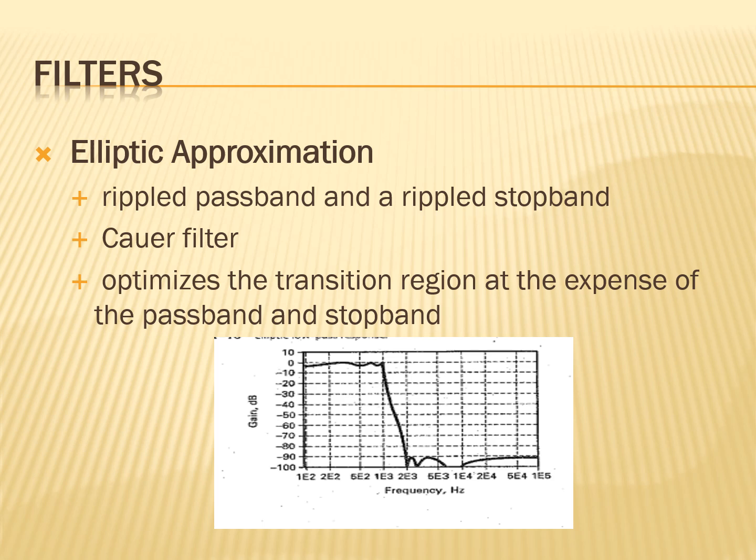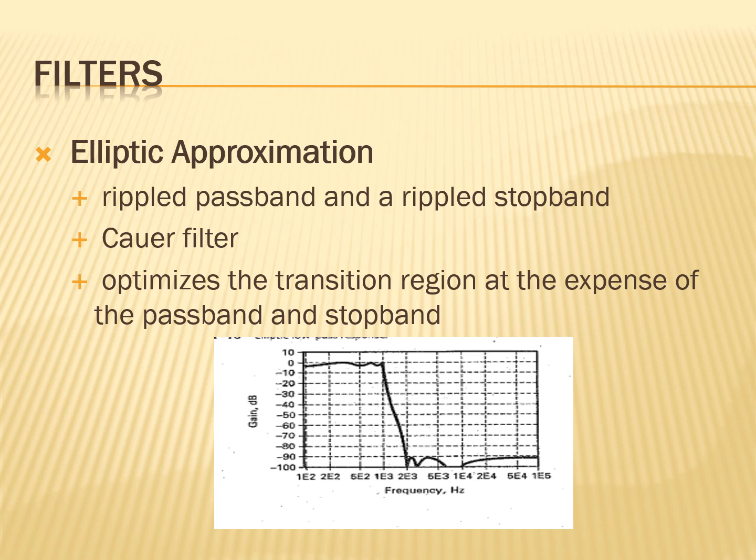The fourth approximation is the elliptic approximation. It has the characteristic of the fastest possible roll-off in the transition region. If a rippled passband and a rippled stop band are acceptable, a designer may choose the elliptic approximation. For the elliptic approximation, we have ripples in both the passband and the stop band.